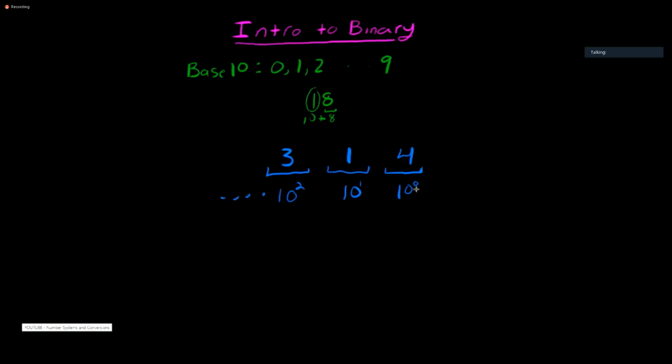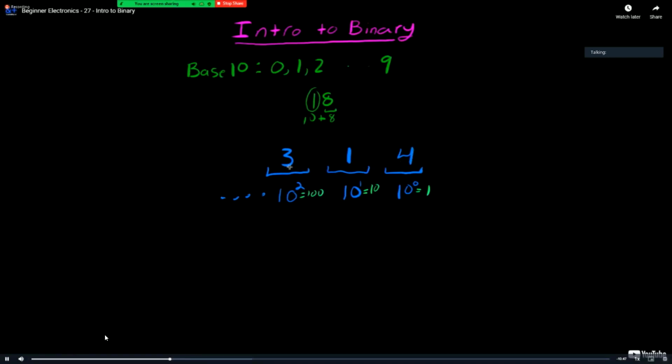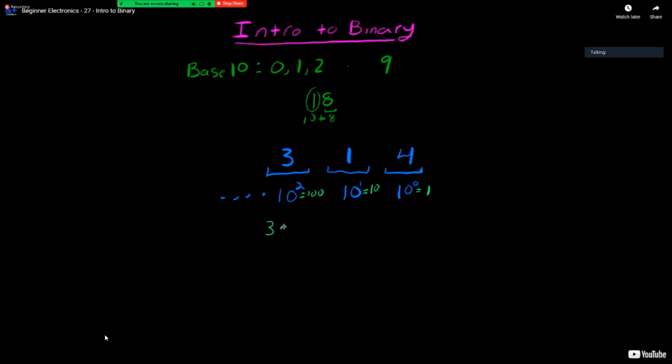Obviously, 10 to the 0 just equals 1. Anything to the power of 0 is a 1. 10 to the 1 equals, you guessed it, 10. And 10 to the 2 equals 100, of course. So in essence, when we see this number 314, we're really taking each of the digits, so we're doing 3 multiplied by its positional value, which is 100.